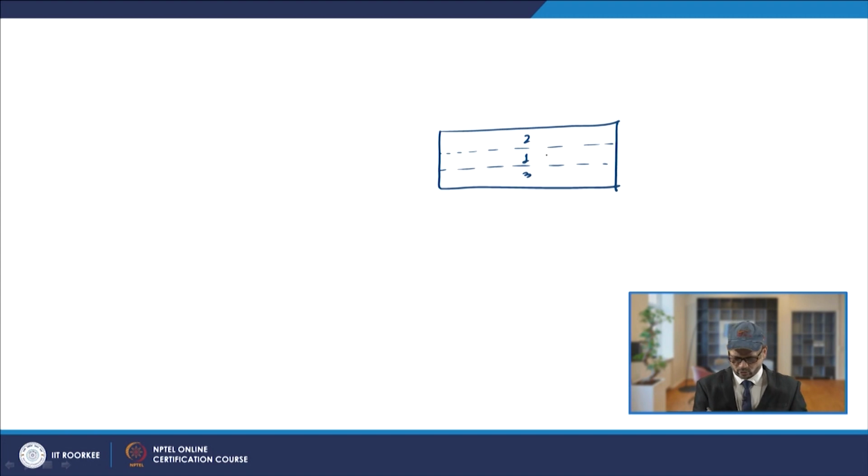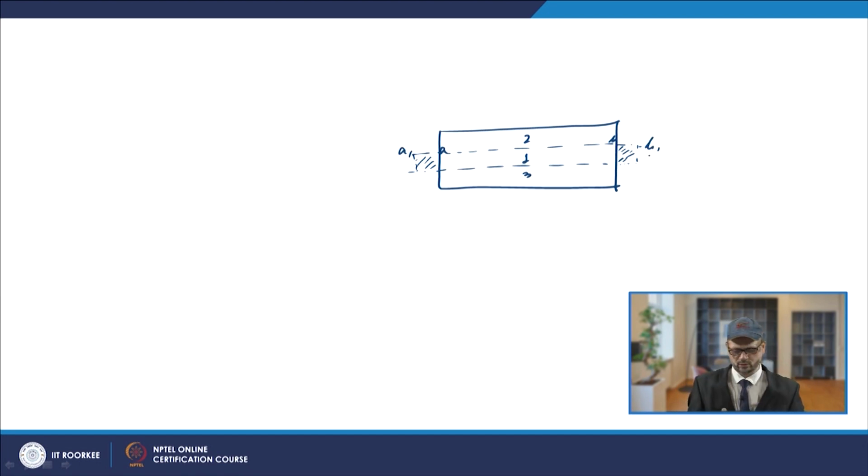As zone 1 is heated in temperature, it will try to expand. So, it will try to go like this, and it will try to expand longitudinally, and the length, suppose here AB, will become A1 B1.